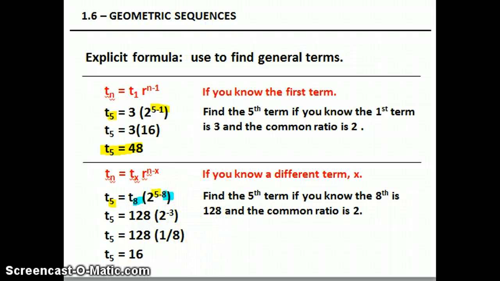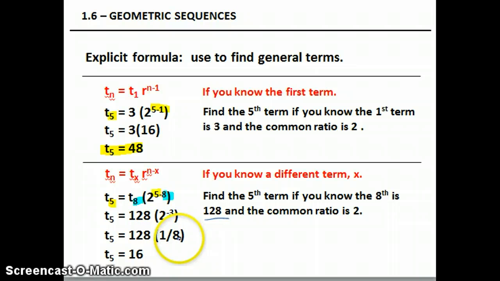So all we have to do is plug those in. Then it becomes very simple. T sub 5 equals, our eighth term is 128. So it's going to be 128 times 2 to the negative 3, because 5 minus 8 is negative 3, and that is perfectly acceptable to have.